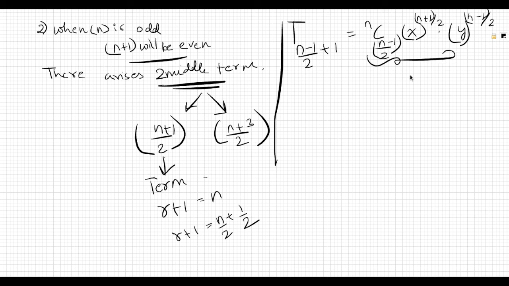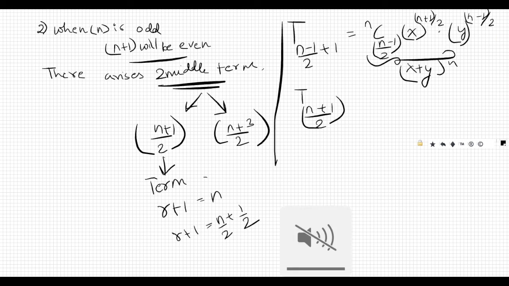And this is for the expansion of (x plus y) to the power n. Now the second term is T of n plus 3 by 2. On similar calculation you get r as n plus 1 by 2.